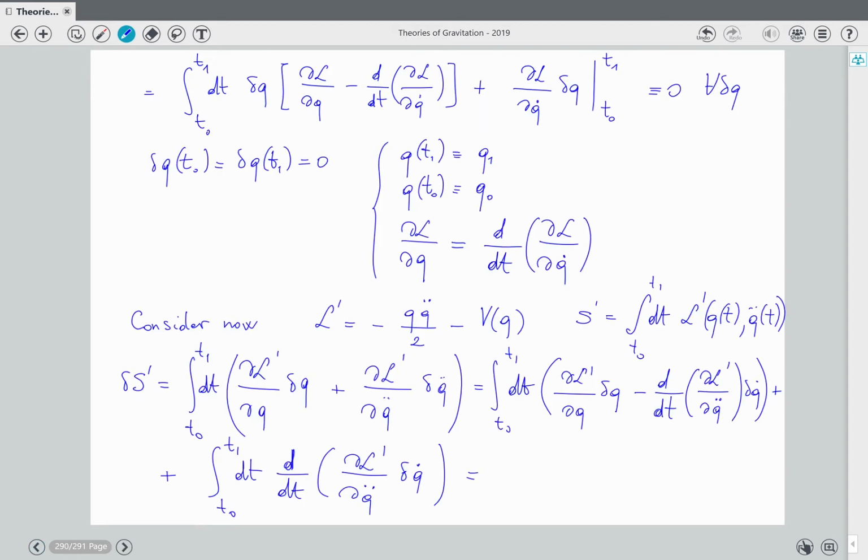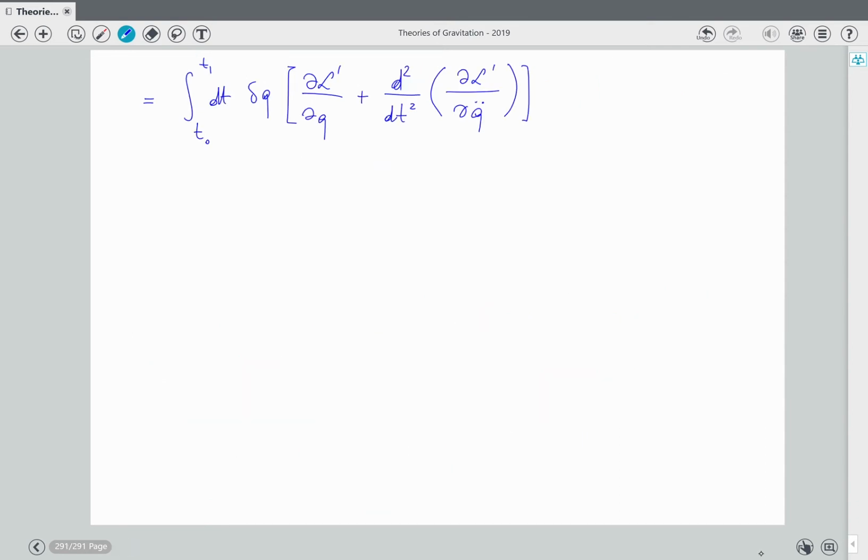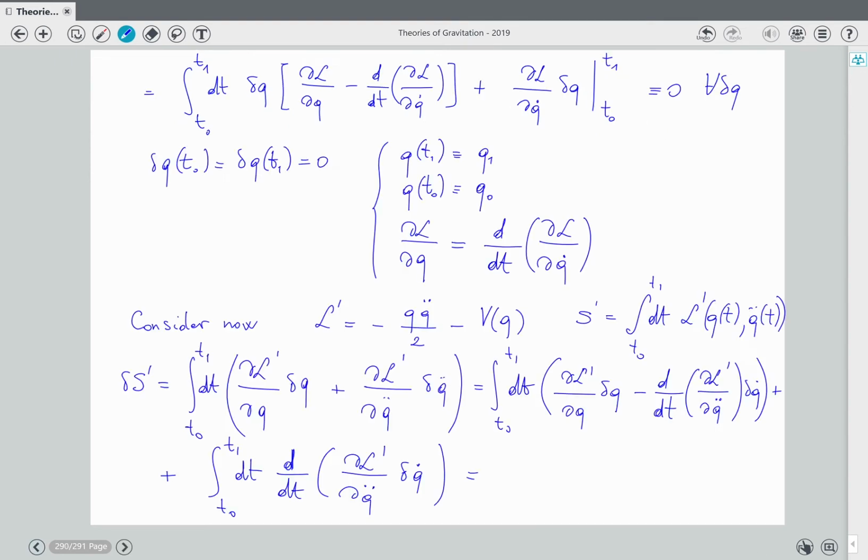Then you have a boundary term and you have the second boundary term. So let's write the second boundary term first, which is partial L prime partial q dot dot delta q dot between t0 and t1, and then you have another boundary term from here.